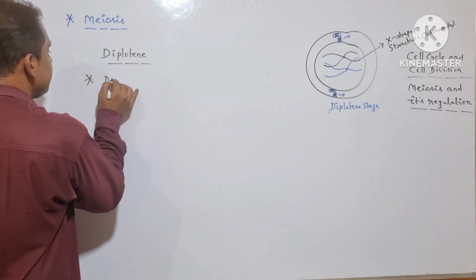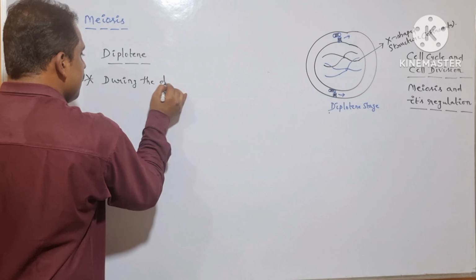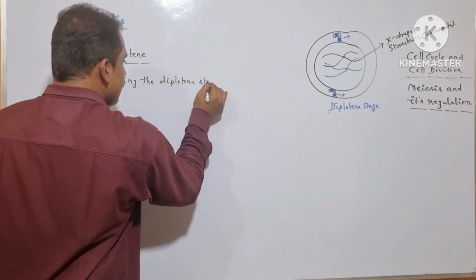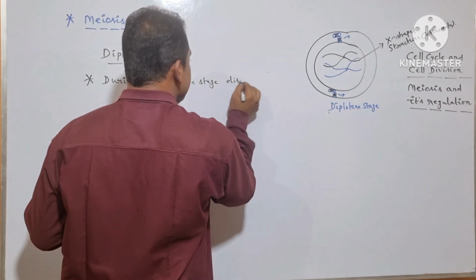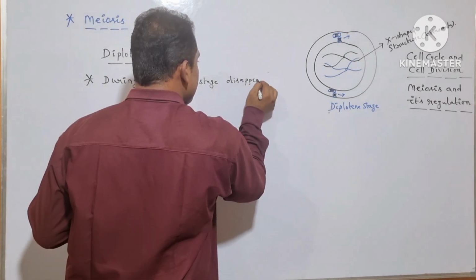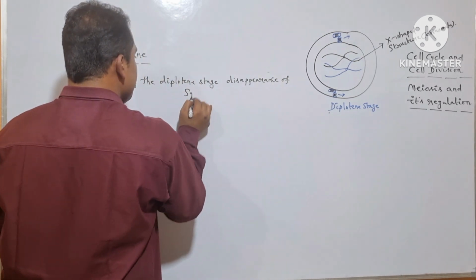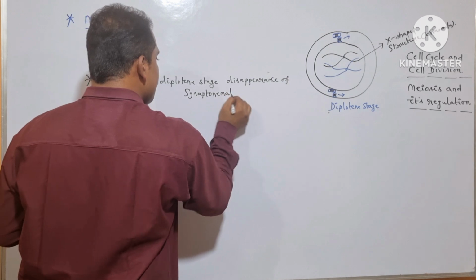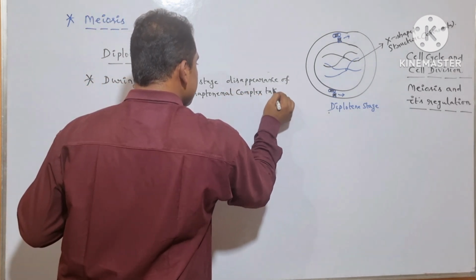During the diplotene stage, the disappearance of the synaptonemal complex takes place.